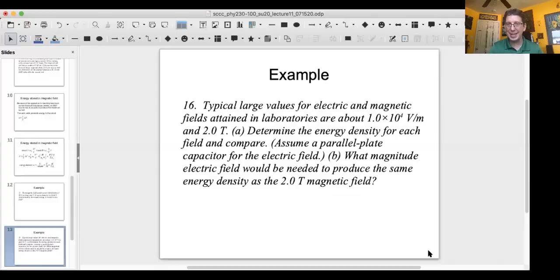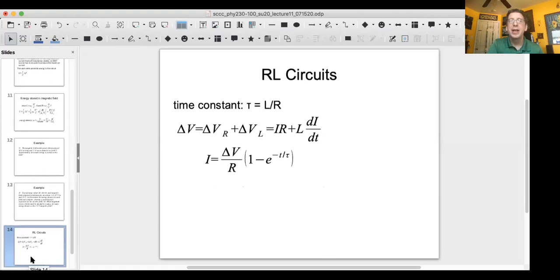If you're doing practical design, that's something to keep in mind, that for a given amount of space, you can store a lot more energy using an inductor instead of a capacitor, assuming that you can generate, in the laboratory, a 2 Tesla magnetic field or a 10,000 volt per meter electric field.